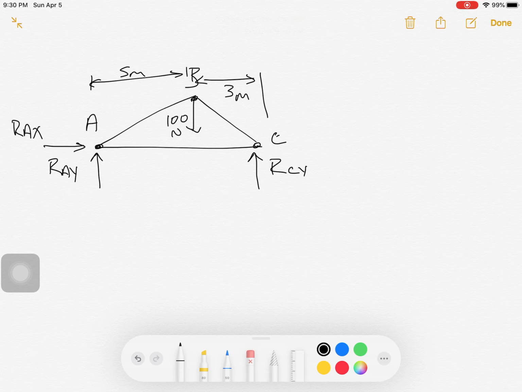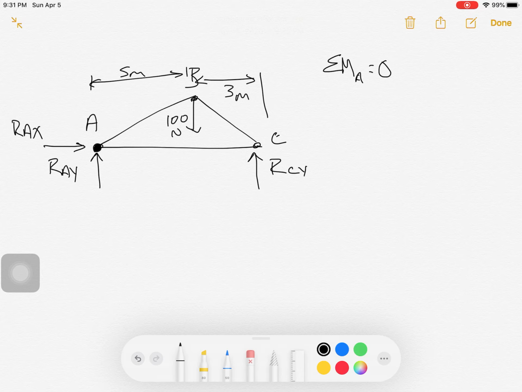Now we're going to use our three rules. So we're going to take our sum of the moments, and we have to pick a point to take our moments around. I like to take the moments around wherever the pin is. In general, that's a good rule. So I'm going to say the sum of the moments around A is 0.